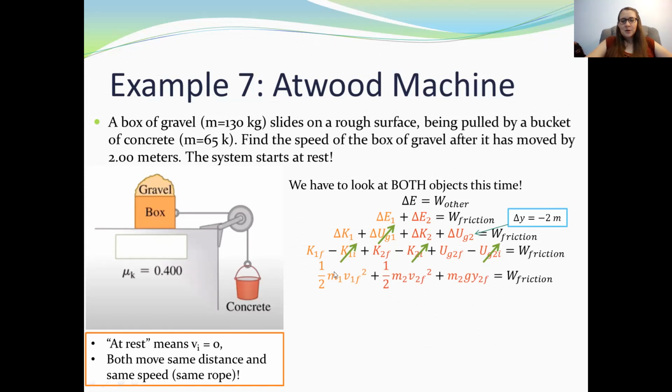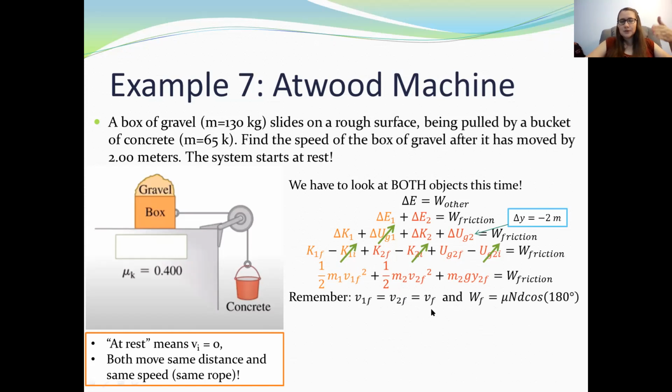Plugging in our equations for kinetic energy and gravitational potential energy. Remember that the final velocity of the first object equals the final velocity of the second object because they're connected to each other. So I'm just going to call that final velocity.